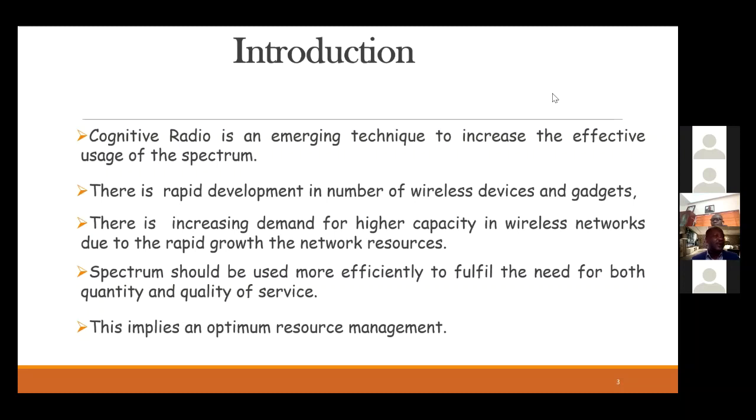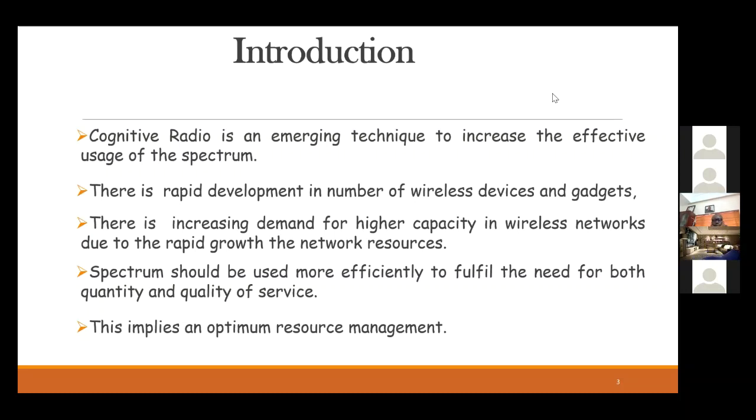All of these devices, including those of the IoT, are demanding spectrum. There is also increased demand in terms of capacity. These facilities are demanding higher capacity in wireless networks due to the rapid growth in network resources. So all of these are demanding this resource called spectrum.